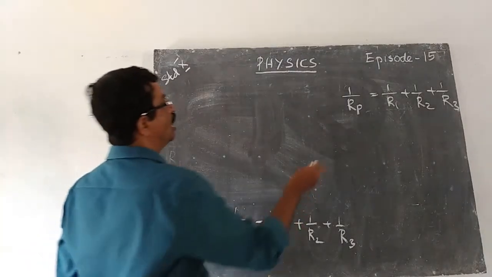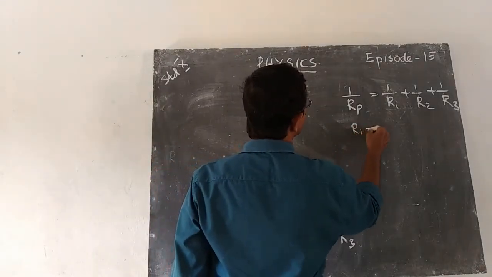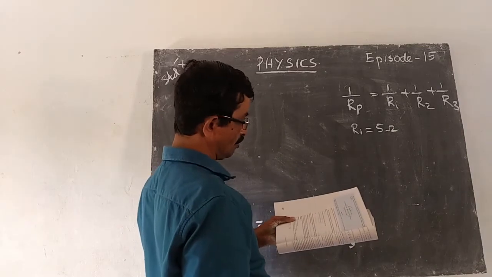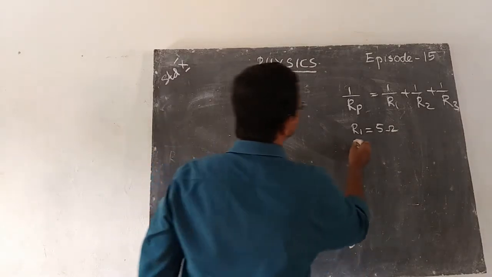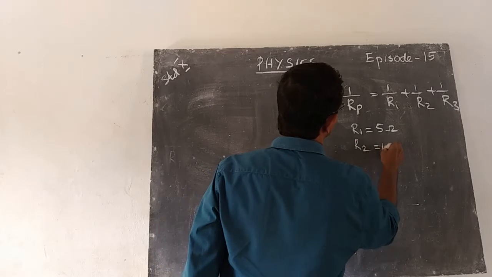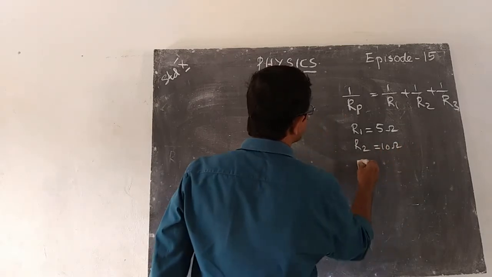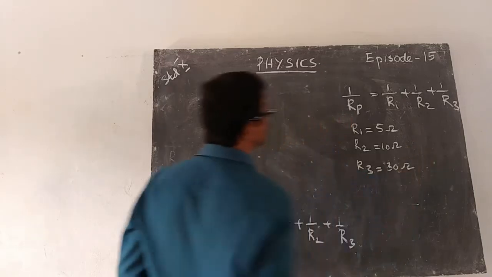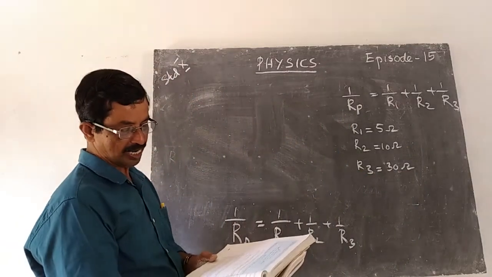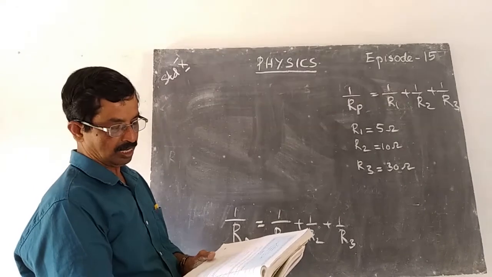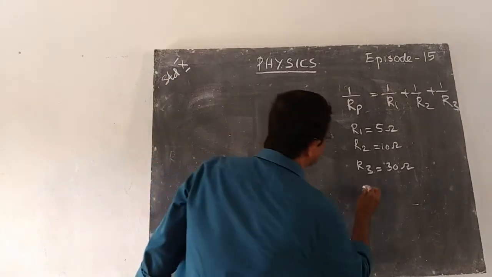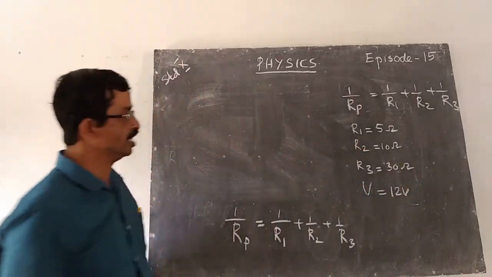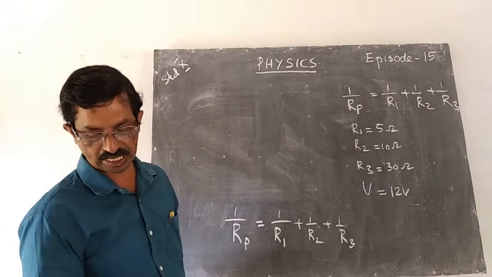That means R1 is 5 ohm, R2 is 10 ohm, R3 is 30 ohm. Then it is connected to a 12 volt battery. That means the potential difference V is equal to 12 volt.